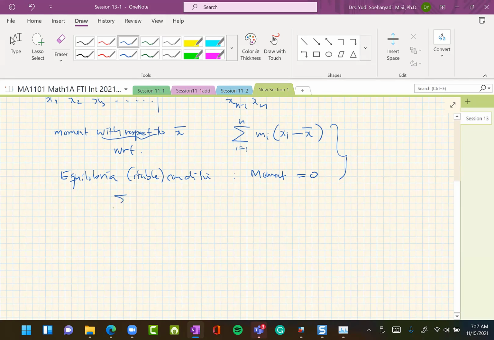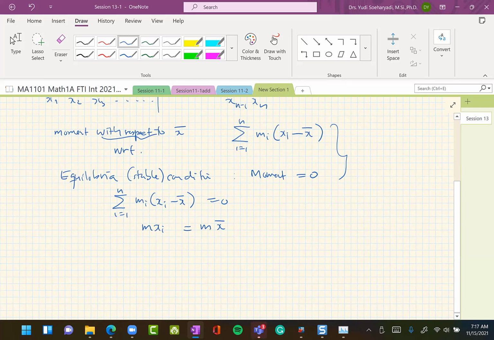So the sum of m_i (x_i minus x bar) equals 0. That means the sum of m_i times x_i equals the sum of m_i times x bar.